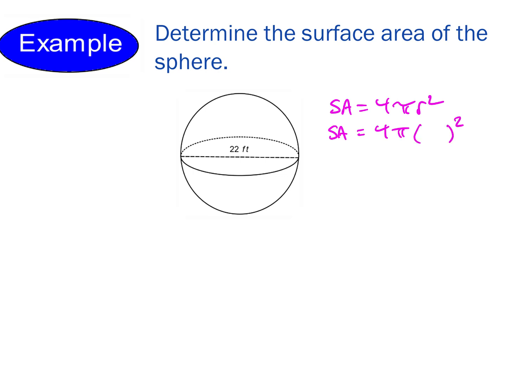What's our radius? 11. Because this is 22, and that's the diameter. You divide that by 2, and you get 11. So that's where we get 11 from. What's 11 squared?